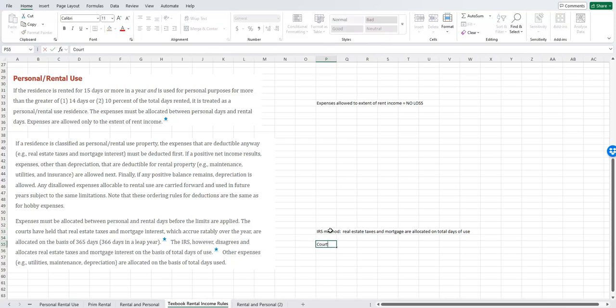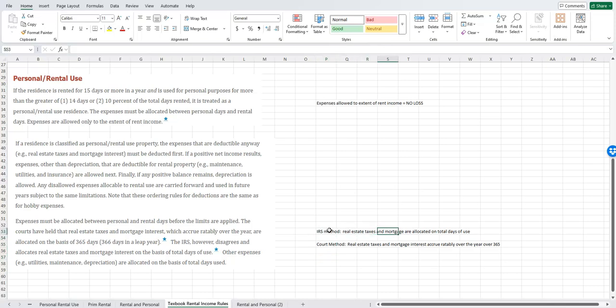And then the court method, which is in the first part of this paragraph, says that real estate taxes and mortgage interest accrue ratably over the year, so you do them over 365. The only difference is for real estate taxes and mortgage interest only.